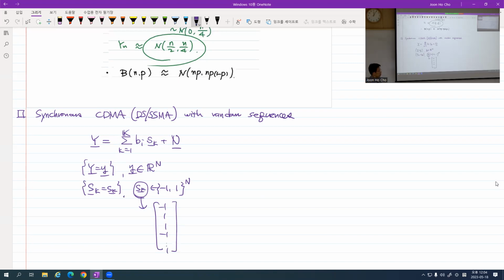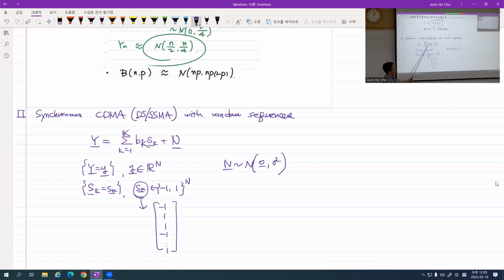So that vector s_k consists of 1 and -1. And here, n is real Gaussian with variance just sigma squared.